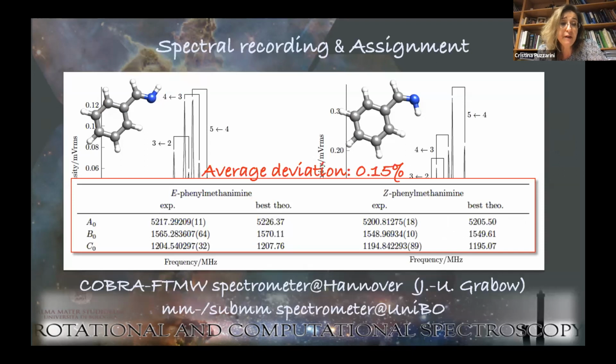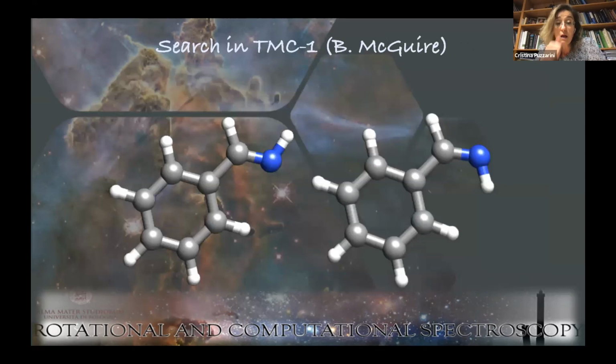And you have here the comparison between the experiment and theory, and you see the average deviation is 0.15%, so a really good agreement. In this case, it helped a lot that, thanks to the collaboration with Jens-Uwe Grabow, we could record the spectrum and assign it in the centimeter wave before moving to the millimeter wave region.